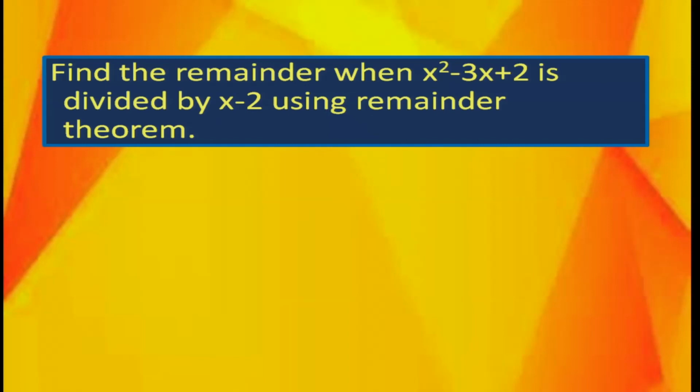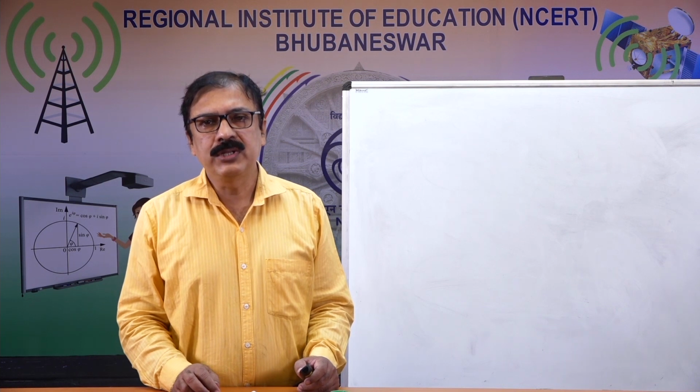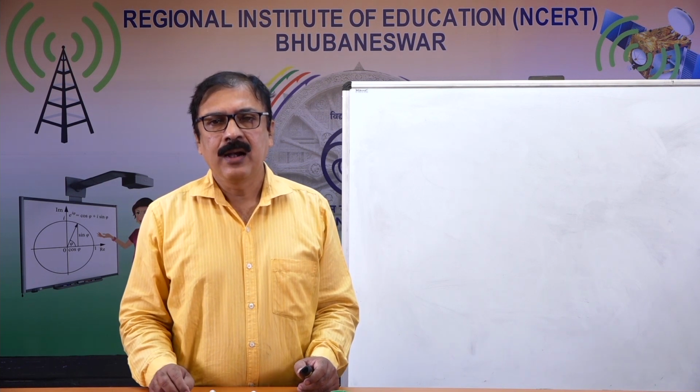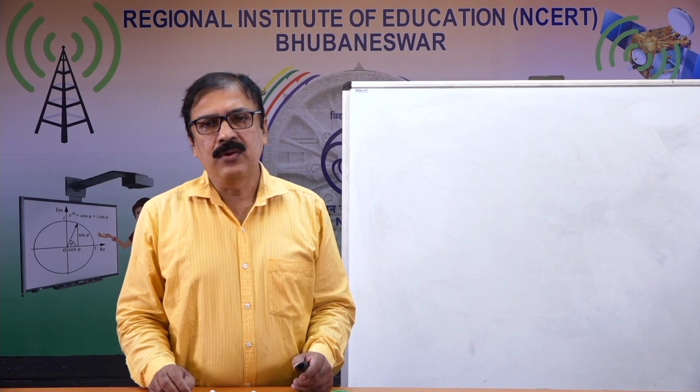Find the remainder when x square minus 3x plus 2 is divided by x minus 2 using the remainder theorem. So, in this case, what is our a? Here a is 2, which is a real number. x minus 2 is a linear polynomial.